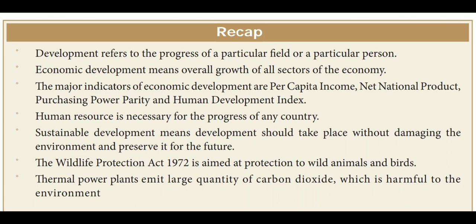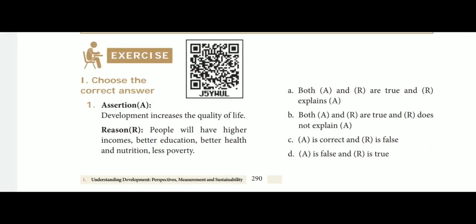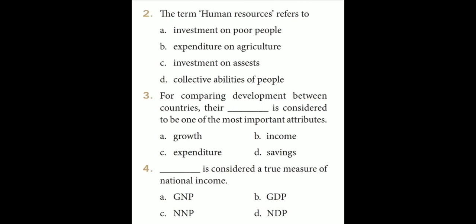Okay, now we can mark the answers. Okay, first, choose the correct answer. First one, A is the correct answer. Okay, second question, D is the correct answer, collective abilities of people. Third one, B, income is the correct answer.